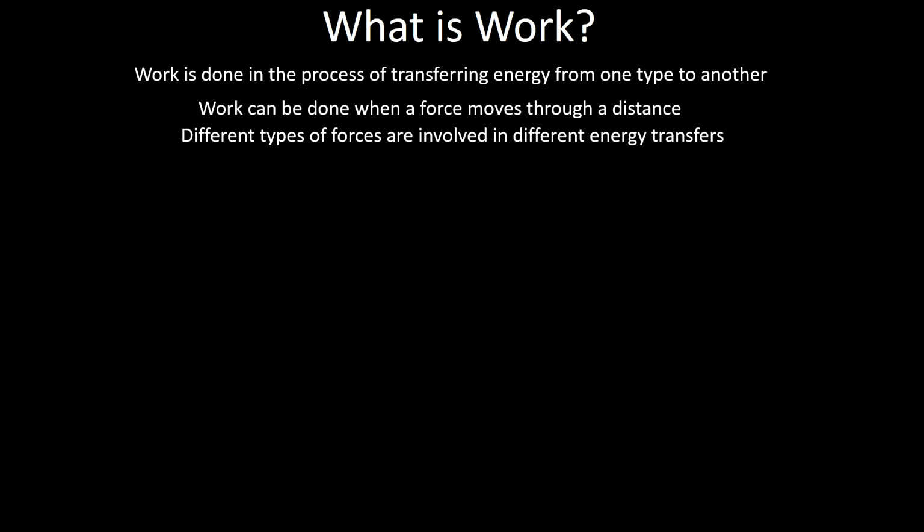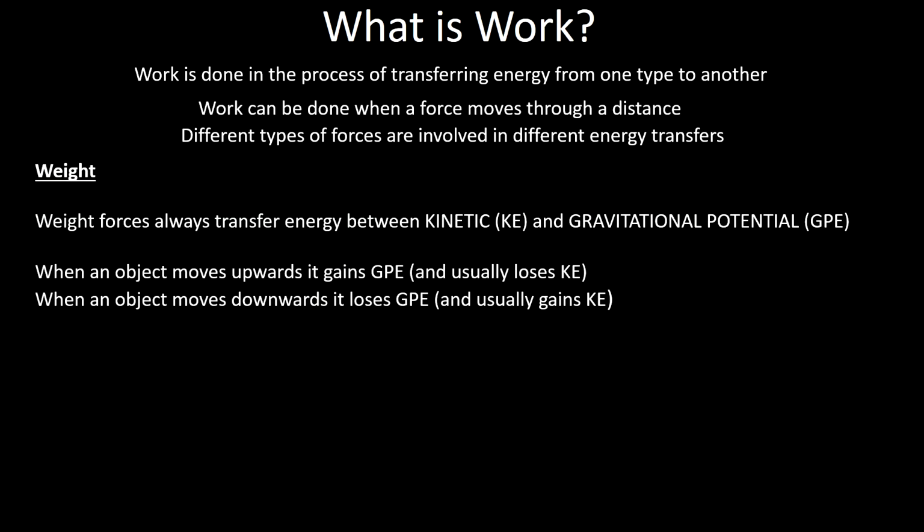It's quite useful to think about the fact that different types of forces are usually involved in different energy transfers. In particular, we want to link the three types of energy we've talked about to particular types of force. So the first useful force is weight. And weight forces always transfer energy between kinetic energy, KE, and gravitational potential energy, GPE. So when an object moves up, it always gains gravitational potential energy, and that usually causes it to lose kinetic energy.